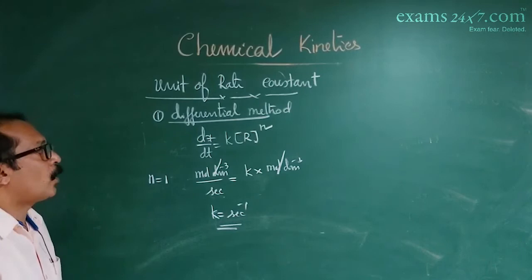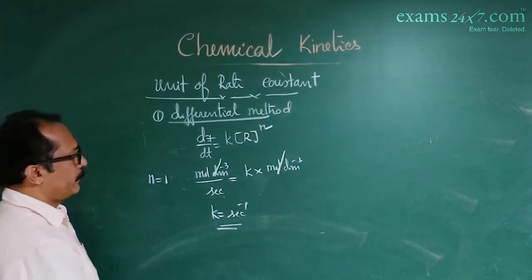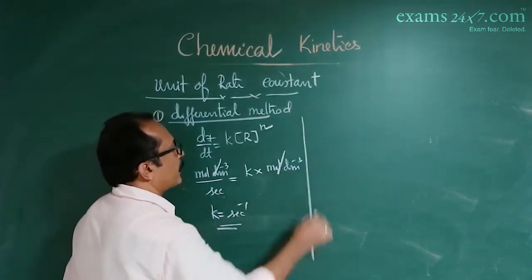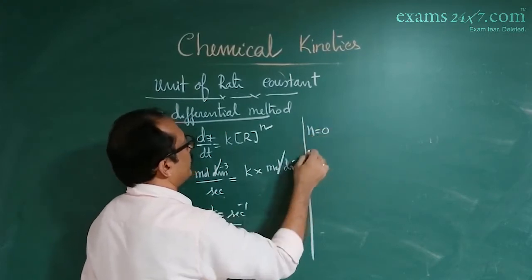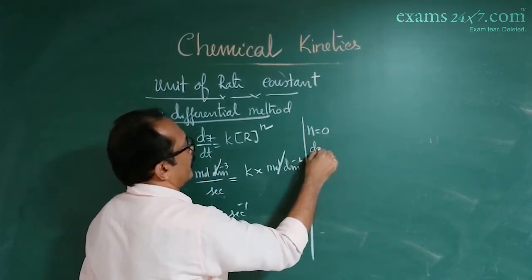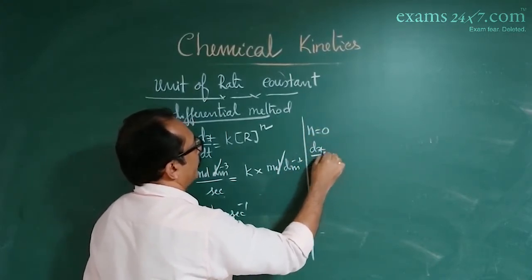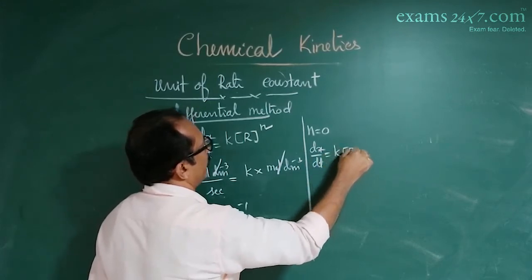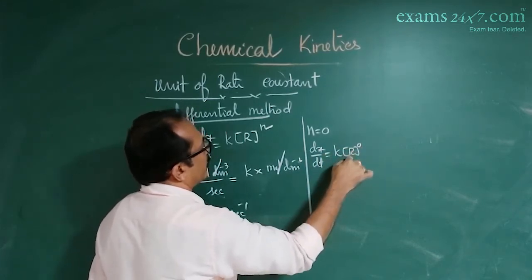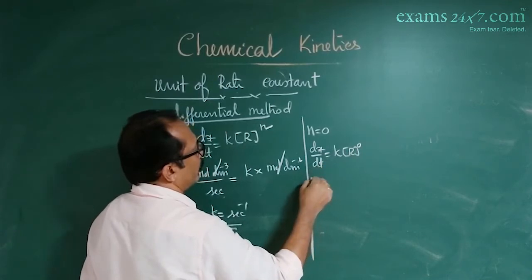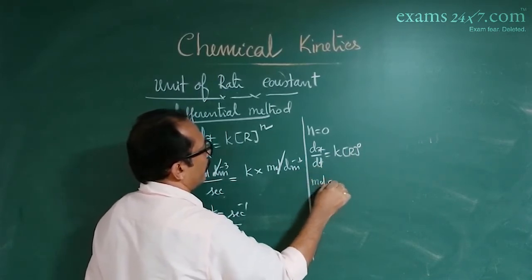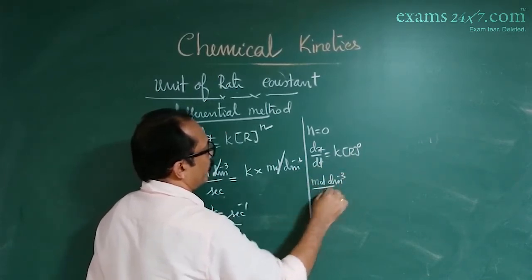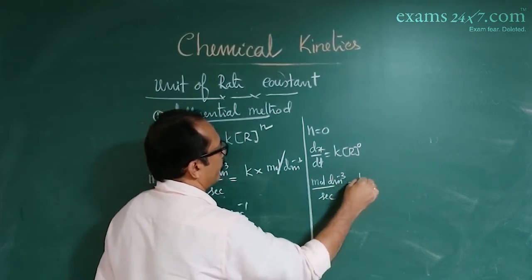Same if you go for zero order reaction, n is equal to 0. dx by dt is equal to K into R to the power 0, this is 1. dx is mole per dm cube, dt is second.